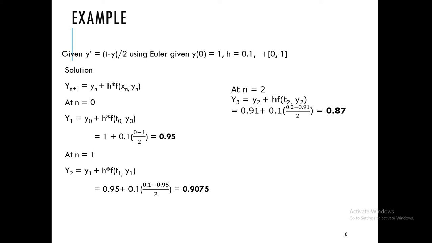Minus 0.91 over 2 is equal to 0.877. Are we clear on that? So you keep doing the iteration until you get to t of 1. That is the final value. So write this down and then continue till you get t equals 1.